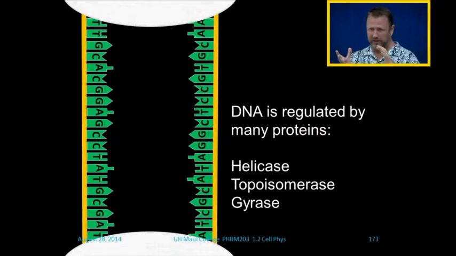And those unwinding, twisting proteins, they have all sorts of different names. Helicase is a type of protein that winds and unwinds DNA. Topoisomerase, topography means how the DNA is wound around something. Gyrase, to twist, like gyrate is to twist. And anything that ends in ase is a protein. All right, so we'll talk in cancer and chemotherapy about topoisomerase inhibitors and helicase inhibitors. We'll talk about gyrase inhibitors.